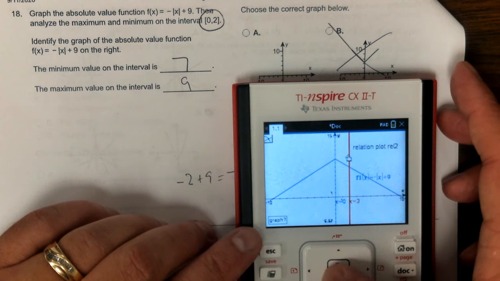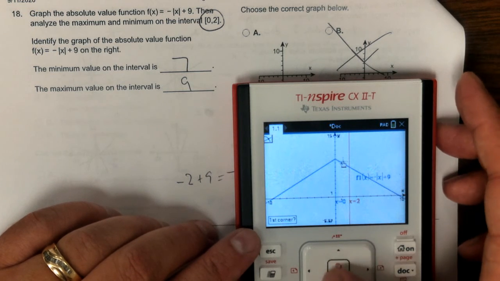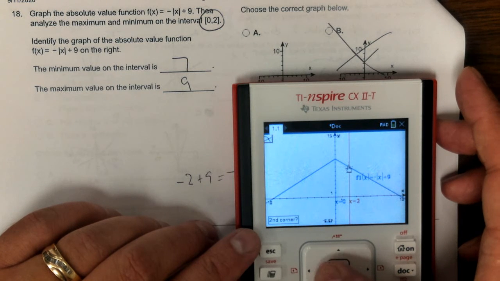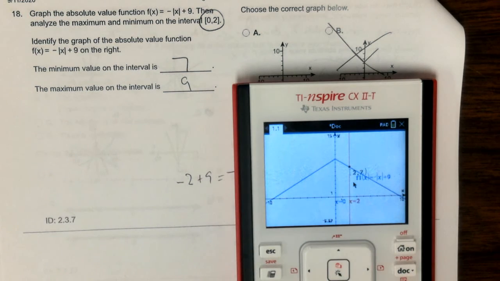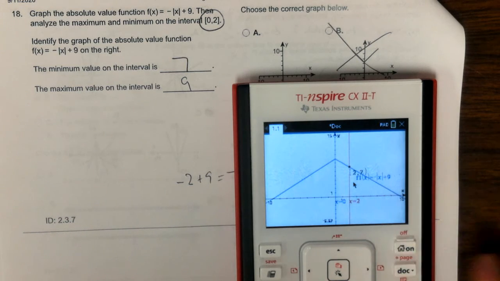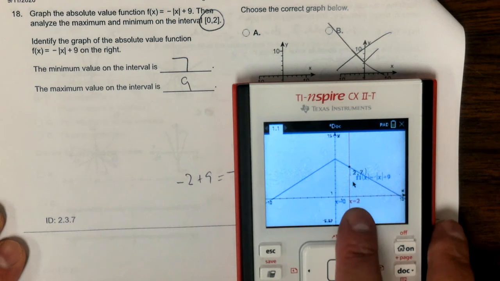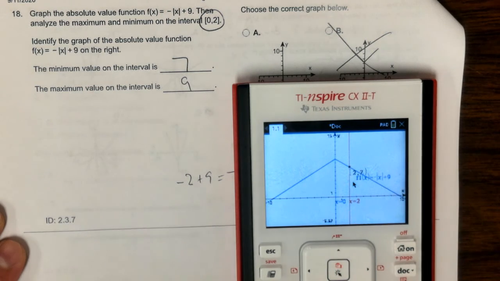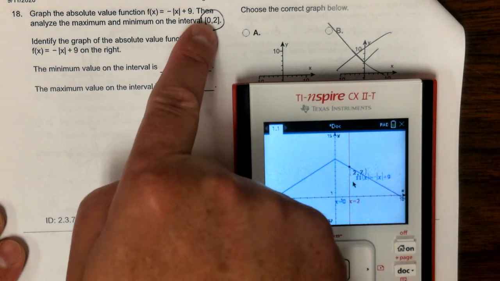The graph I'm interested in is this one and this one. That's 2, 7. So it's asking me first corner and second corner. So basically that's what I wanted. So you don't have to use the graph, that's just bonus. But I'm just trying to emphasize 0 to 2.